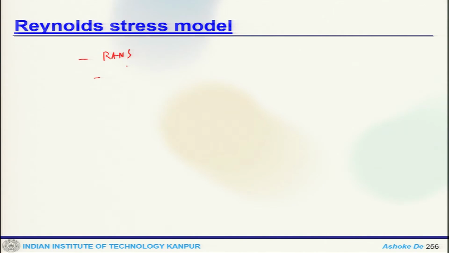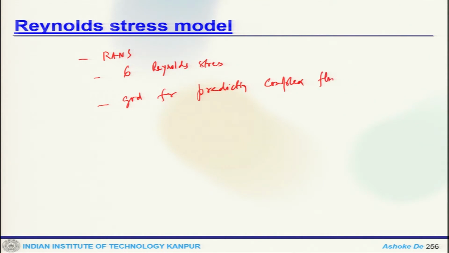You have 6 Reynolds stress equations which we solve. So, these transport equations are derived and solved. So, that is why no Boussinesq hypothesis is required. This is good for predicting complex flows.